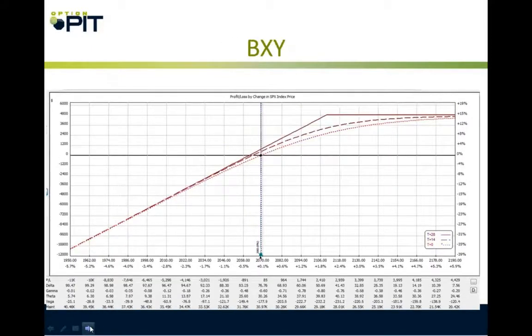And then BXY looks like this. So if I sell a put in SPX, and I take delivery and I cover it on Thursday, this is the monthly. This is the monthly, but I'm going to talk about the weekly as well.